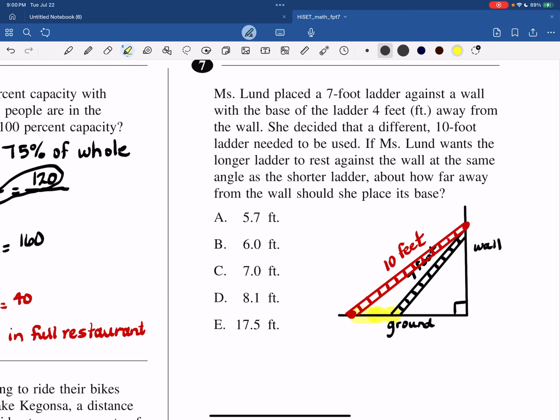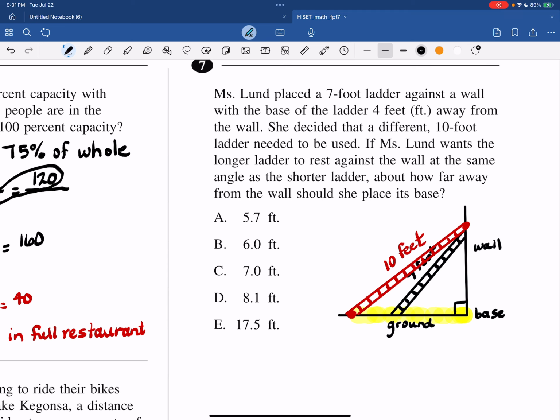We want to know how far away that red ladder would be from the base of the wall. I need to just do the problem. So we're interested in how far away that ladder is from the base. Now I'm missing something.